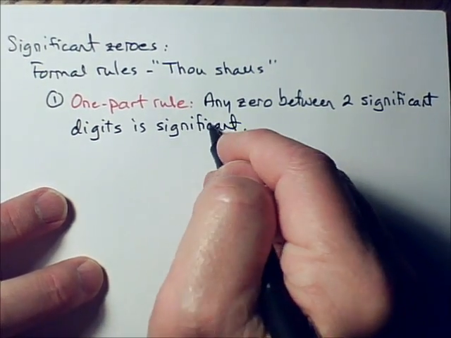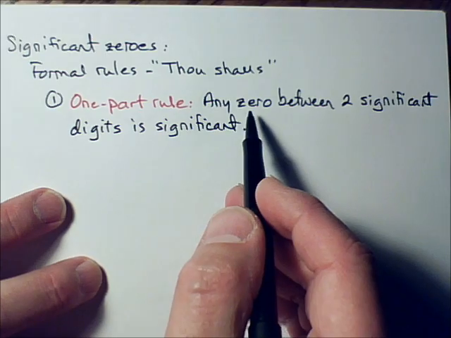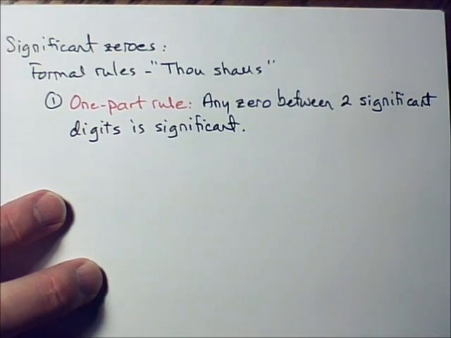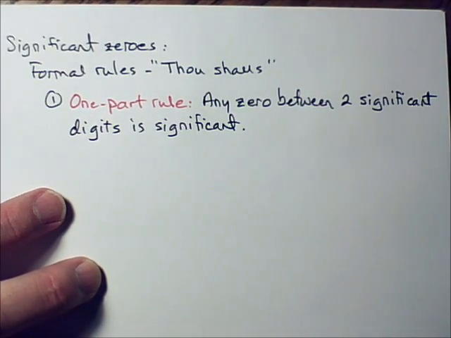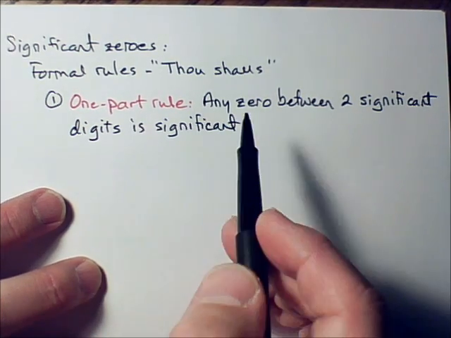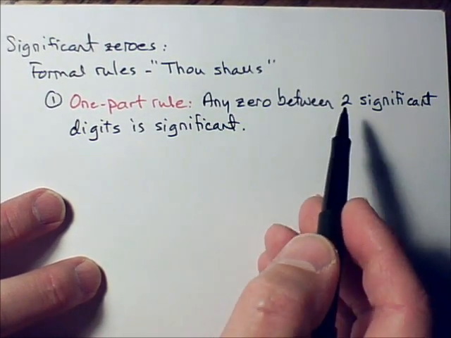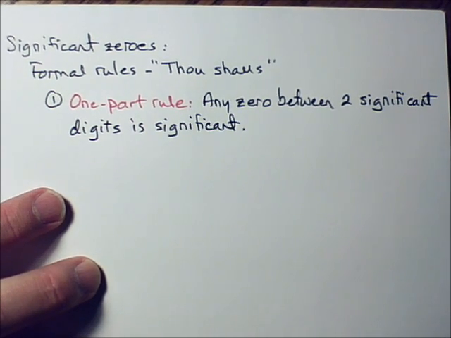It'd probably be easier to remember if I said any zero is significant if it's between two significant digits. It's just an easier way to follow what the sentence means. Does that make sense? If you'd rather write it that way, any zero is significant if it's between two significant digits. All right? Clear enough to you?